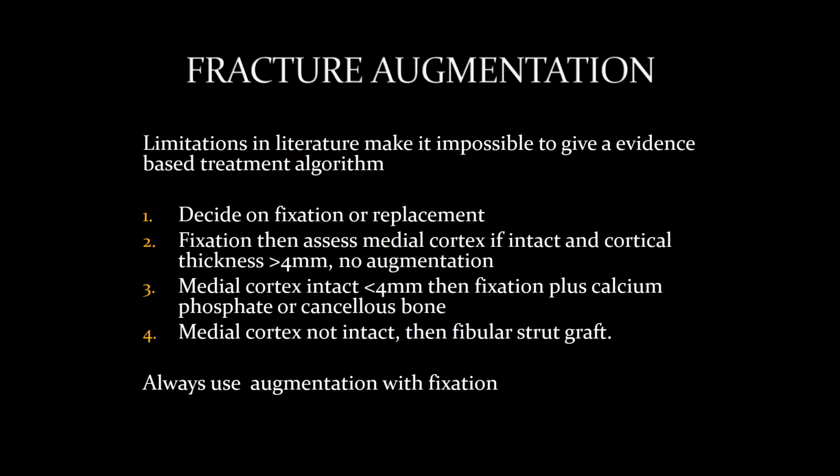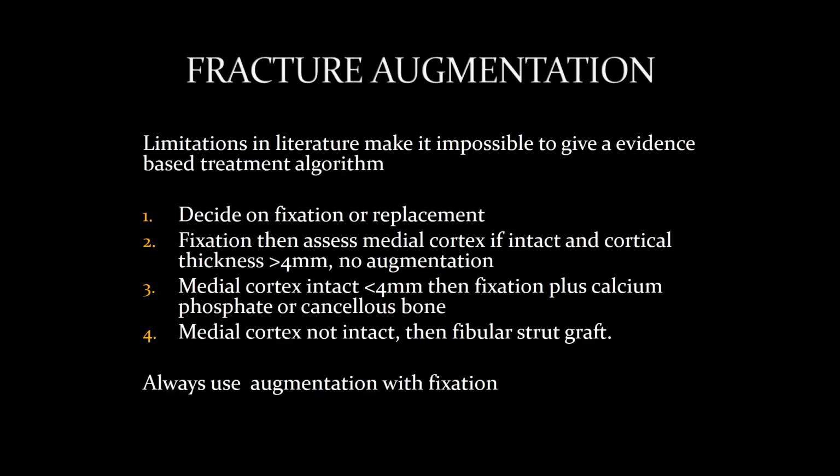So what I believe you should do, and there's no great clinical evidence to show this, is first decide whether you're going to fix these fragments or replace them. The second thing is that if you're going to fix it, then you must assess the medial cortex. And if the medial cortex is intact and the cortical thickness is greater than 4 millimeters, then you don't need any augmentation at all.